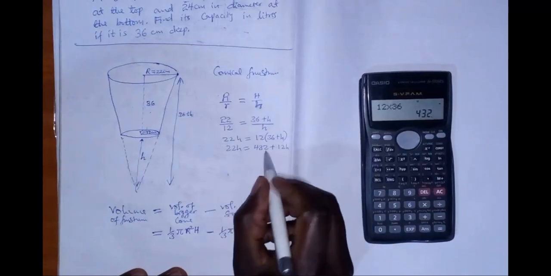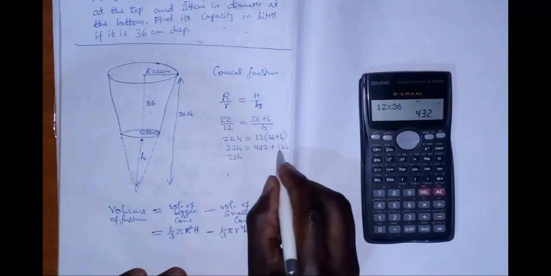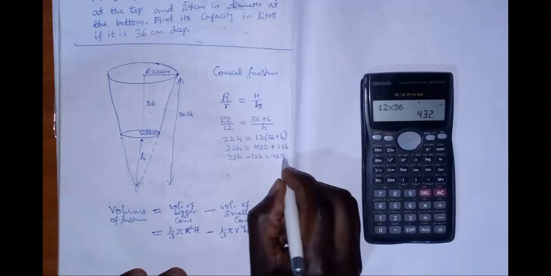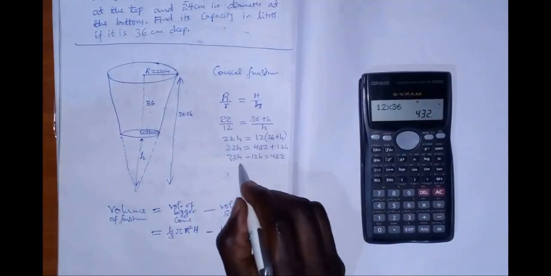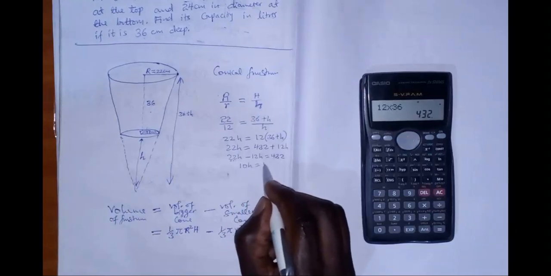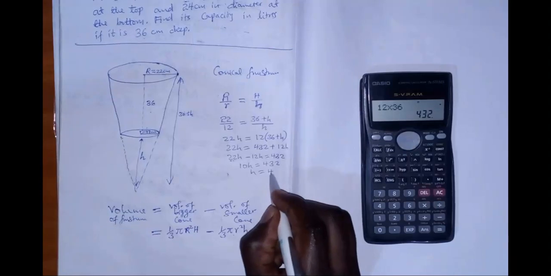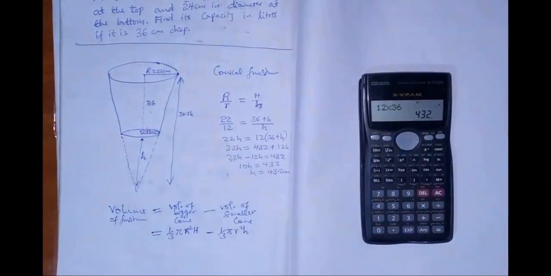Collect like terms together, so we have 22h minus 12h is equal to 432. 22h minus 12h, that is 10h, is equal to 432. Therefore, h is 43.2 centimeter. So that's our h.